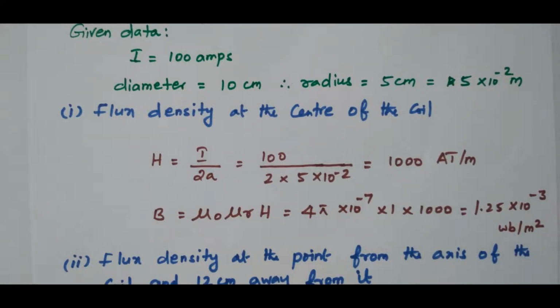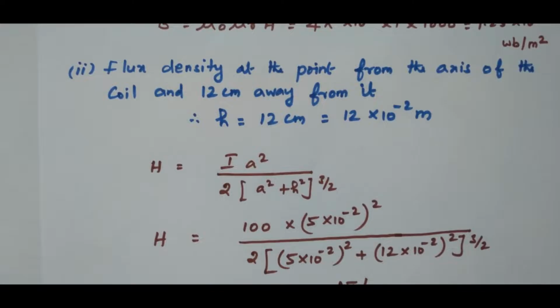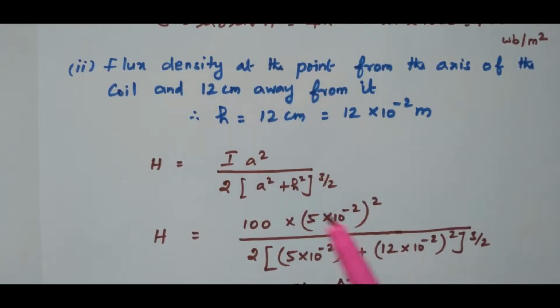We have one more at the 12 centimeter. When the point on the axis is placed at a height of 12 centimeter. That is height equal to 12 centimeter, that is 12 into 10 to the power minus 2 meter. For this, what is the formula? I a square divided by 2 into a square plus h square whole power 3 by 2.